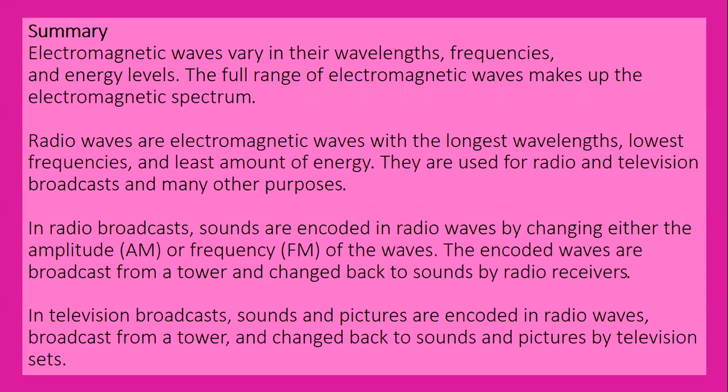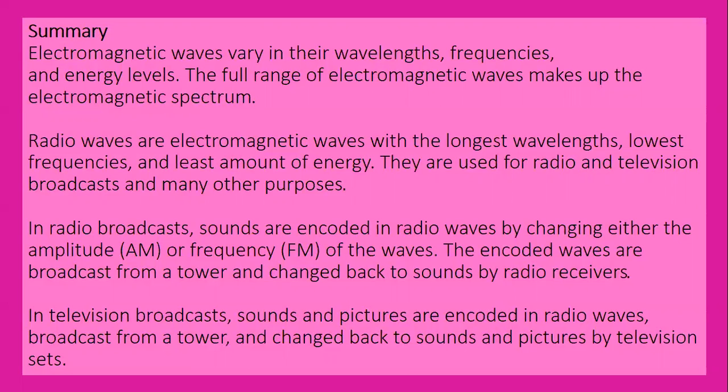So, in summary, electromagnetic waves vary in their wavelengths, frequencies, and energy levels. The full range of electromagnetic waves make up the electromagnetic spectrum. Radio waves are electromagnetic waves with the longest wavelengths, lowest frequencies, and least amount of energy. They are used for radio and television broadcasts and many other purposes.